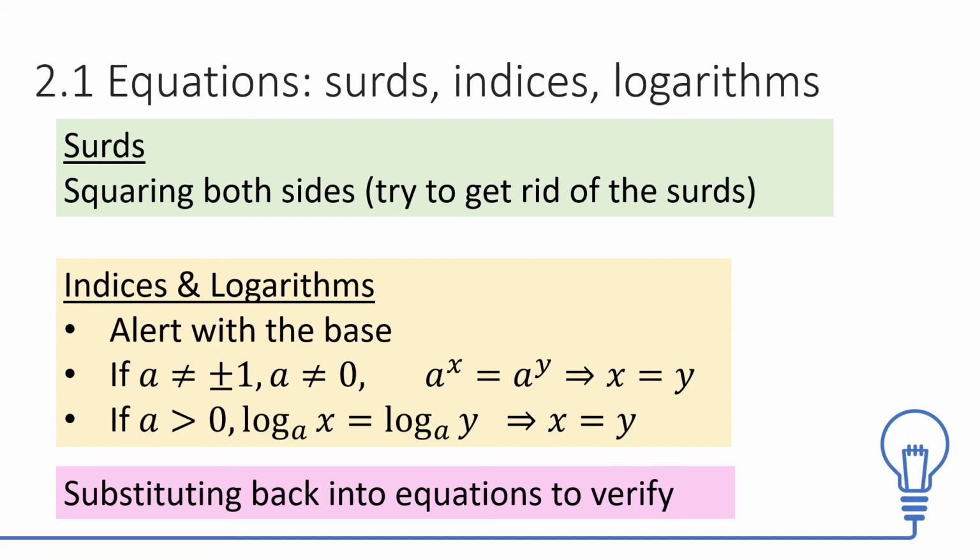Once their bases are the same, we can say the exponents are similar. Then, sometimes you need to rename them into u or p to ease your problems. And for logarithm and surd, you need to substitute back into the equation to verify your answer.